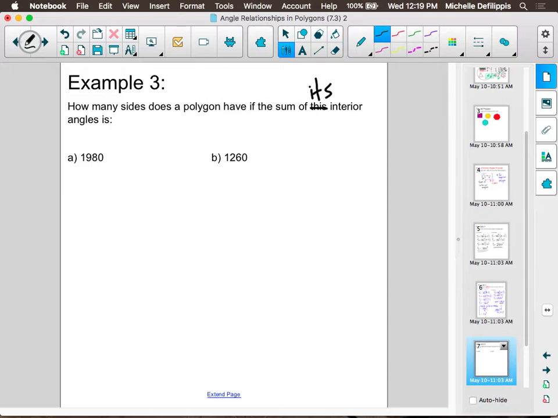Okay, so how do we attempt this question then? Well, let's just take a look at our equation once again. We know that the equation states the following. And this time, we know the capital S. So let's plug in what we know.